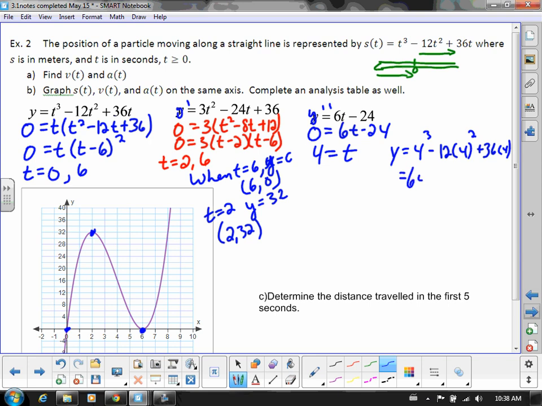So I'll have 64 minus 12 times 16 plus 144. Okay, so 64 and 144.